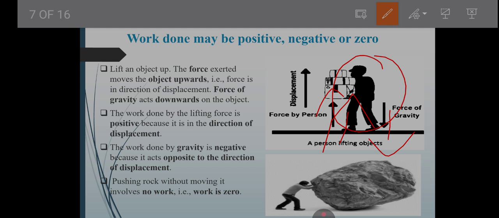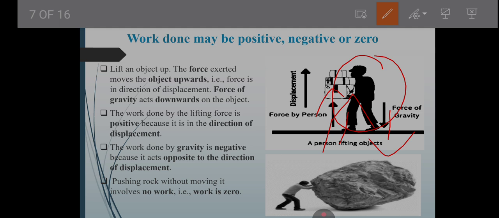Then the work done by the lifting force is positive. Whatever force he is applying on the object to lift it upwards, that is positive. Why is this? Because it is in the direction of the displacement.